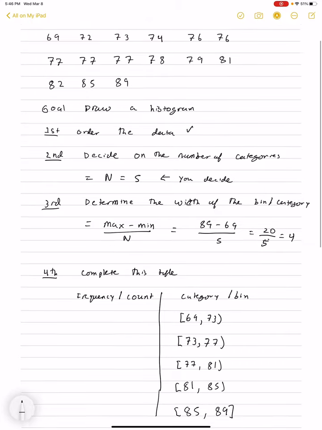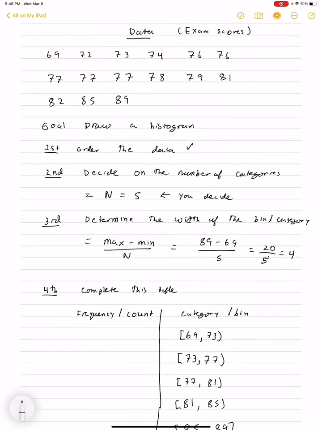Okay. So I have to go through this data set, and I have to look at all the observations between 69 and 73. Remember, I don't count 73, so there's 2 here. The next category or bin counts 73, and it goes to 77. So 1, 2, 3, 4.